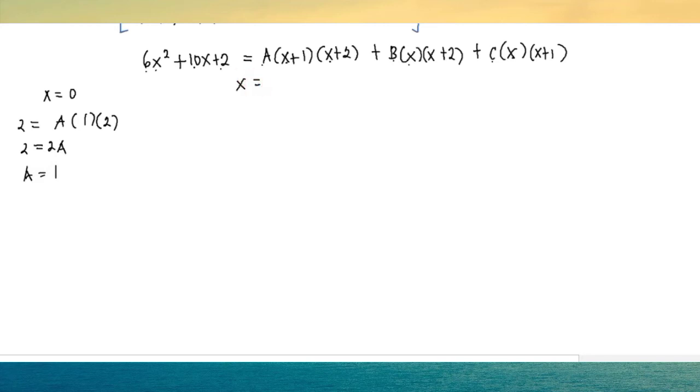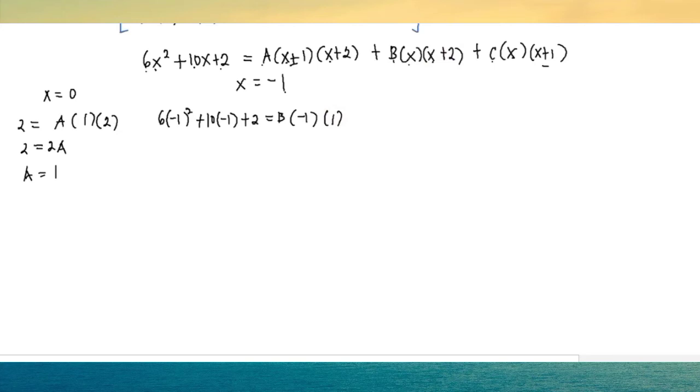If x is equal to negative 1, so substitute natin doon. So 6 times negative 1 squared plus 10 times negative 1 plus 2. So if this is negative 1, magsi-0 to. Magsi-0 to. So masosolve natin si B. So we have B times negative 1, so that's negative 1 plus 2, and that's positive 1.